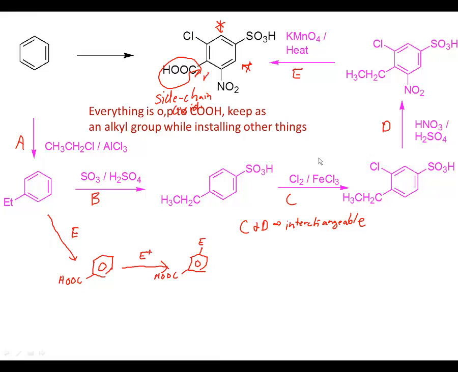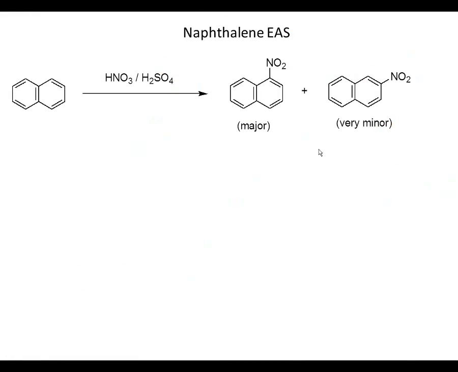Okay, I guess you could say you would do C first, right? But I like the synthesis that you see before you because, again, you want to put your para group first since you usually get more para than ortho.